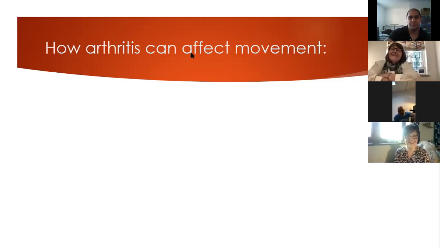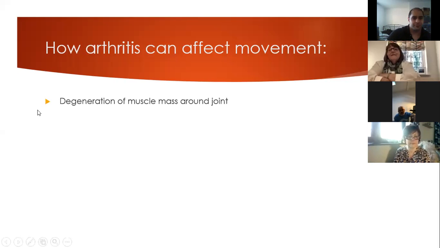So, how can arthritis affect movement? There's always a delay. Come on. Sorry, it's not responding. There we go. So, a degeneration of muscle mass around the joint.